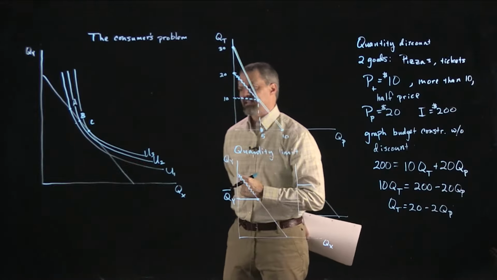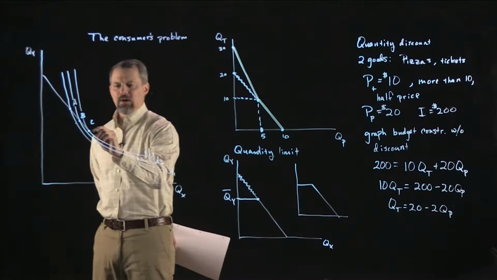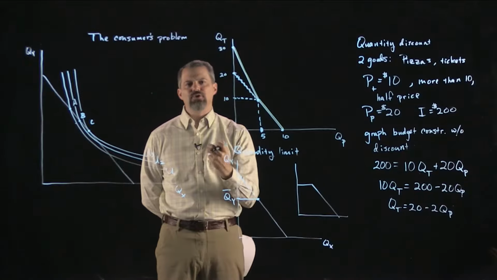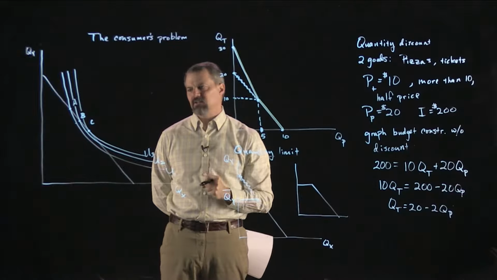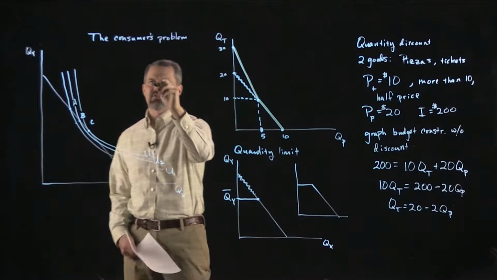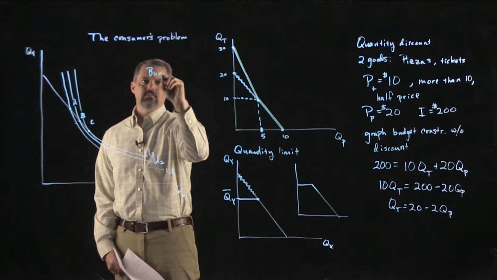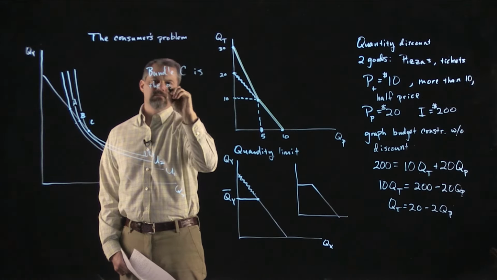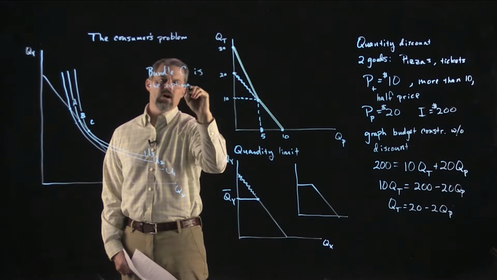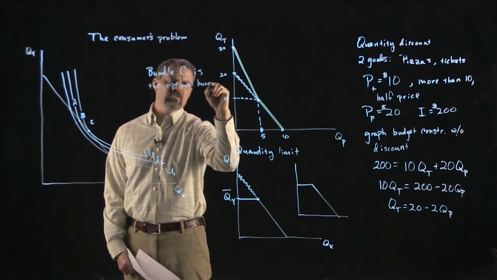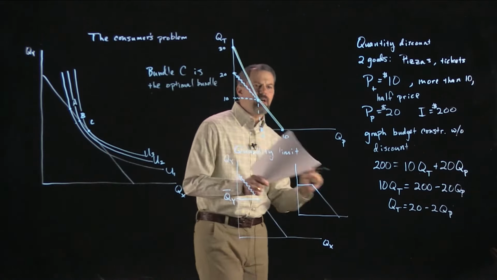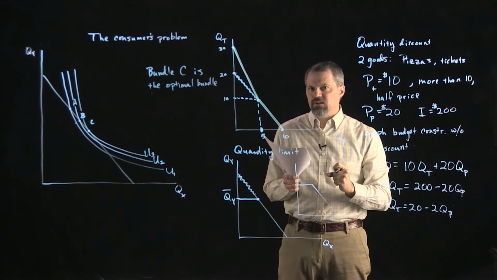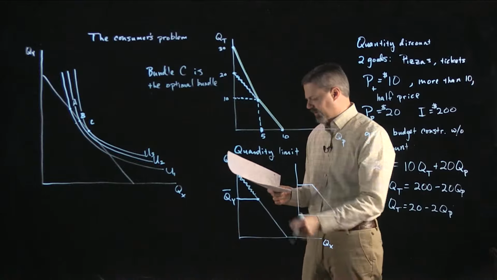So what we can say is that point C ends up being the consumer's optimal choice. That's their best bundle. Bundle C is the optimal bundle. There's no other way that the consumer could change how much good X and how much good Y they buy and still afford it and reach a higher indifference curve.